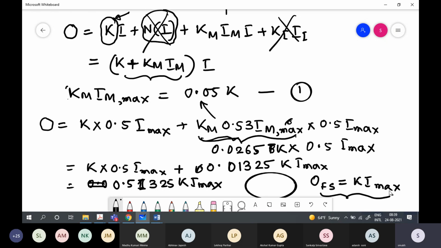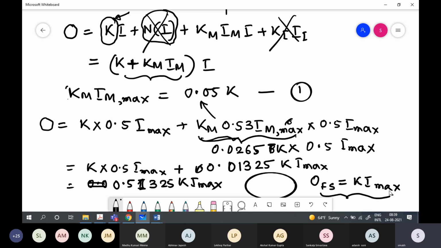Because the full scale output occurs at full scale input, and it is the nominal value. So we can assume that when you are considering the ideal full scale output, the modifying input is 0.